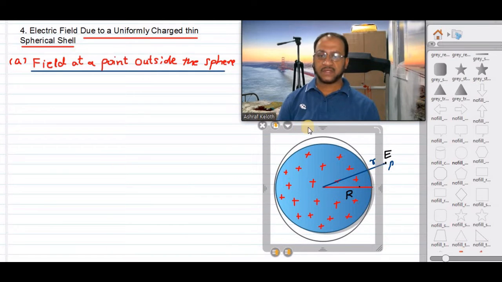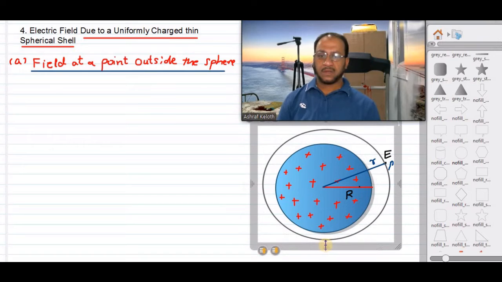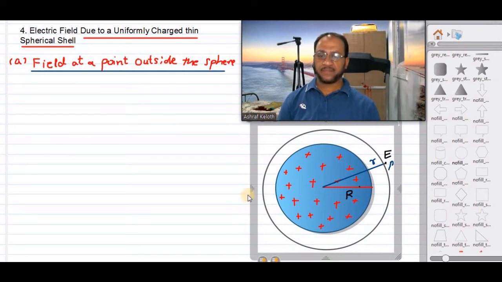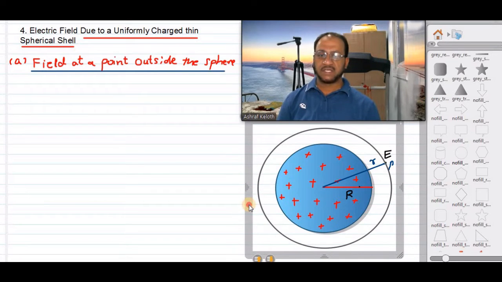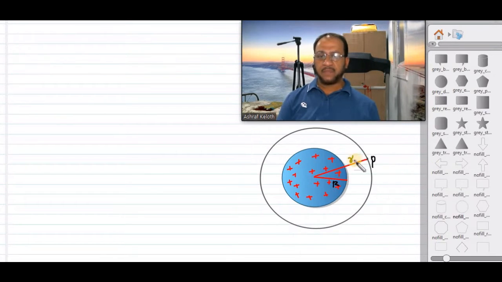Both shells have the same center. The outer one is imaginary, and the distance r of the point P is the radius of the imaginary sphere.